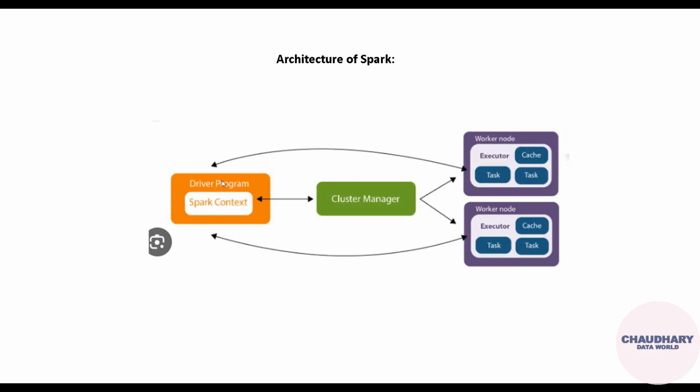The driver program analyzes the code, and then it passes the information to the cluster manager, also with the executors. Now what's the functionality of the cluster manager? The cluster manager is something in between which looks after the hardware requirements, that means storage, CPU and all. All these things are managed by the cluster manager.